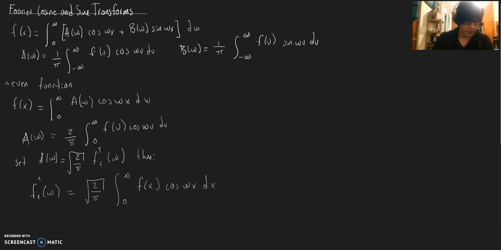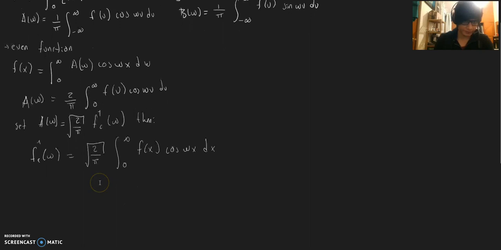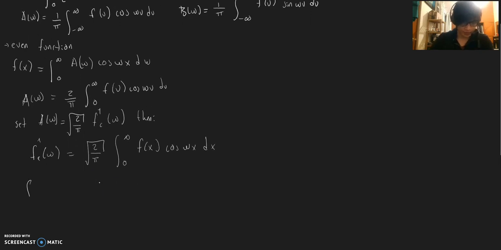So we have this representation now, F_c, and also we can conclude that f of x will be equal to the square root of 2 over pi multiplied by the integral from 0 to infinity of F_c(w) cosine of wx dw.